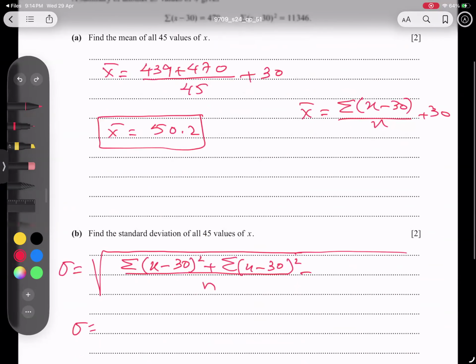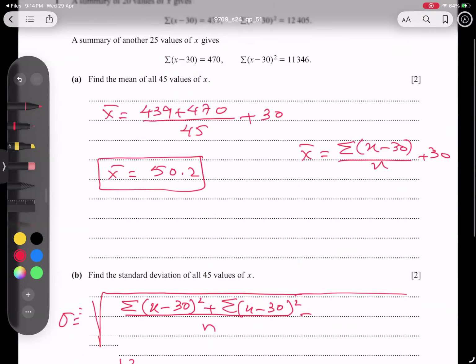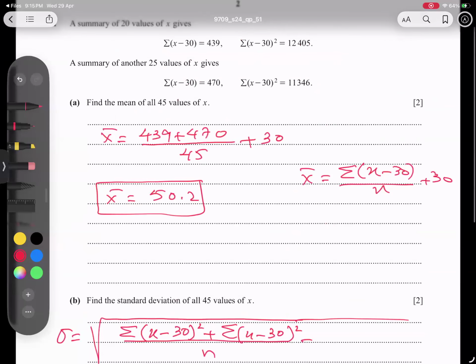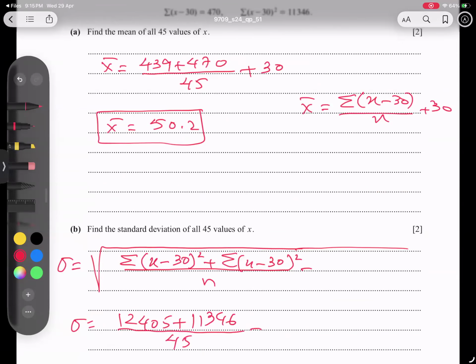So 12405 plus second value 11346 and divided by 45 and minus, and do you remember, students, in this kind of question we never use 30. Okay, so if we check it, 439 plus 470 and divided by 45.